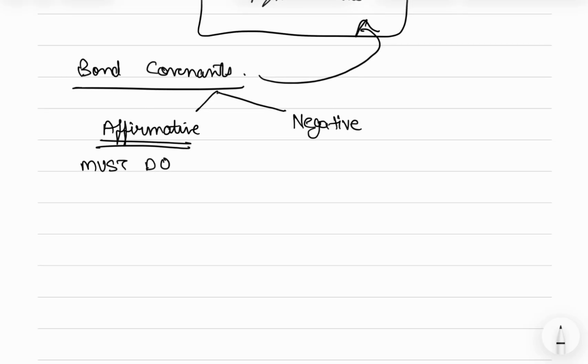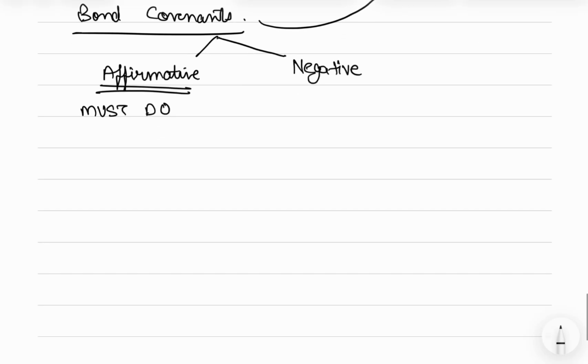We basically hear two terms in this. One is cross default and the other one is pari passu. Cross default: if the issuer defaults on any other loan, it is considered a default here as well.